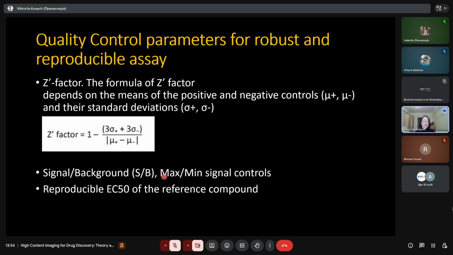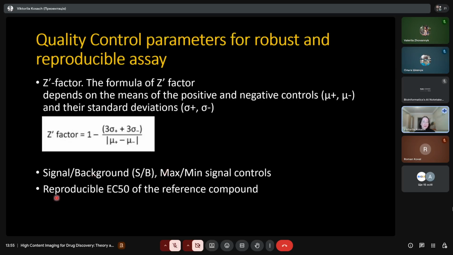So the normal cells treated just with the solvent, they will have maximal signal of your target. And the minimal signal will be signal with reference compounds that inhibit the fluorescence and expression of your target. The higher, the better. The threshold for this is 2. So signal to background for a good assay should always be higher than 2.